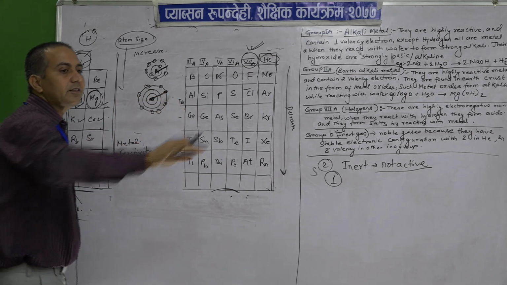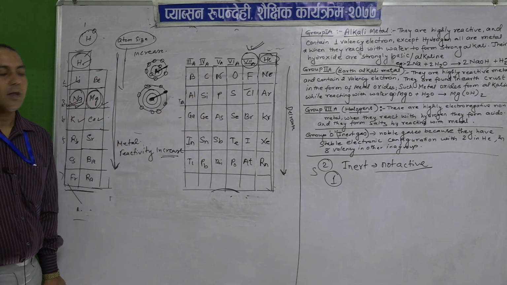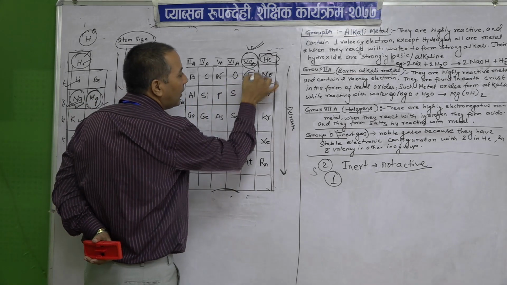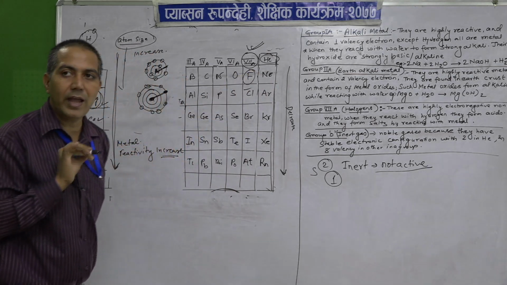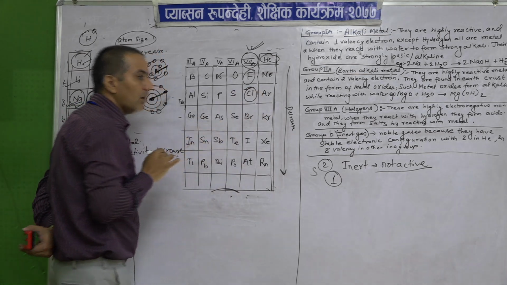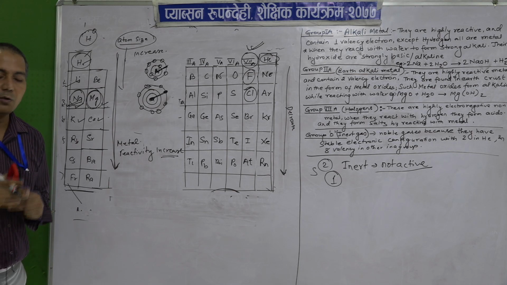Therefore, when the distance increases, it is difficult to pull the electron. That is why fluorine will be more reactive than chlorine.